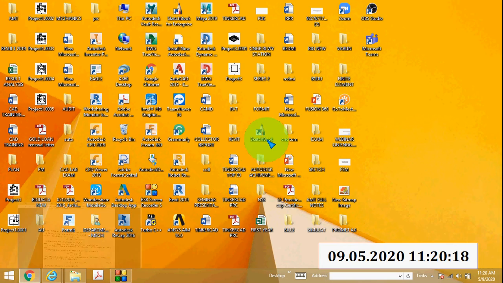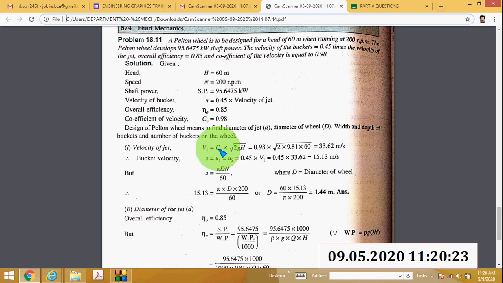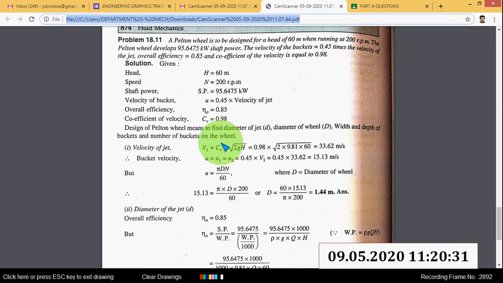So we have to substitute in this equation. Velocity of the jet V1 is equal to Cv into root of 2gH. Cv means coefficient of velocity, that is 0.98, so 0.98 into root of 2 into g, which is 9.81, into H, which is 60 meter.